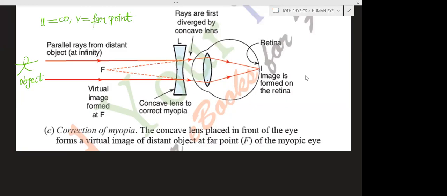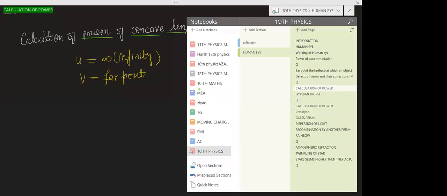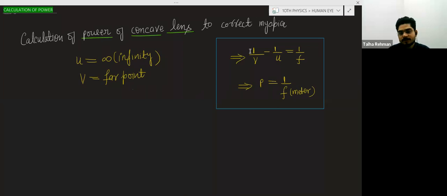Yes, sir. Very easy questions will be there. The lens formula: 1 upon v minus 1 upon u equals 1 upon f. What is u? u is the object distance from the lens. What is v? The image distance.